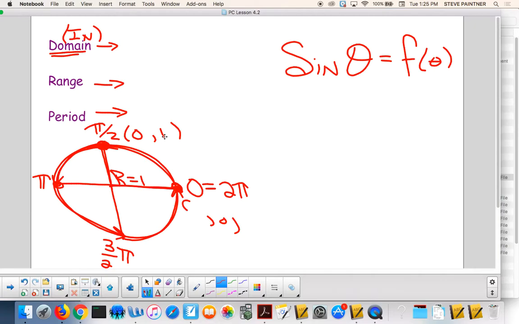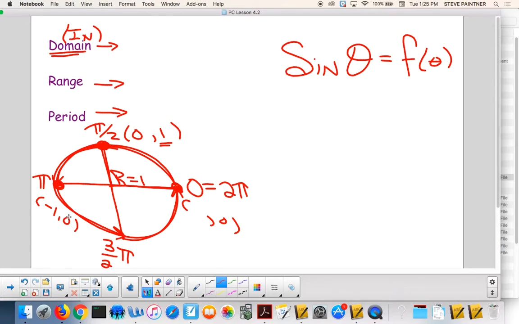So when I ask what's the answer, you're looking and going, hey, it's just the y value. It's 1. What about this one? What's the y value here? Whoops, I wrote that wrong, didn't I? That's going to be negative 1, 0. What's the y value at pi? 0.